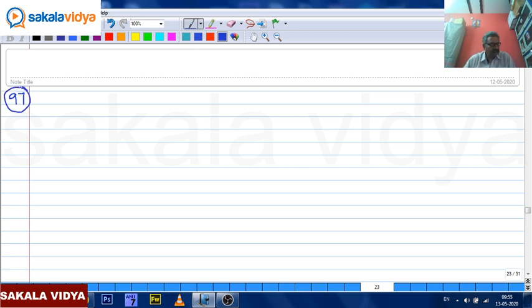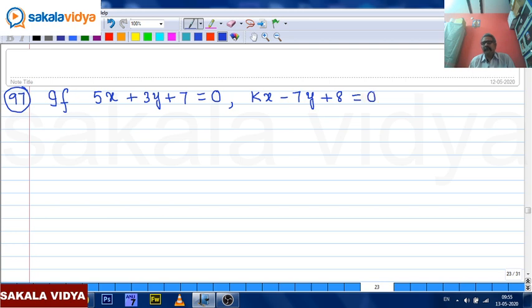Ninety-seven. If 5x plus 3y plus 7 equals 0 and kx minus 7y plus 8 equals 0 are perpendicular, then k equals?